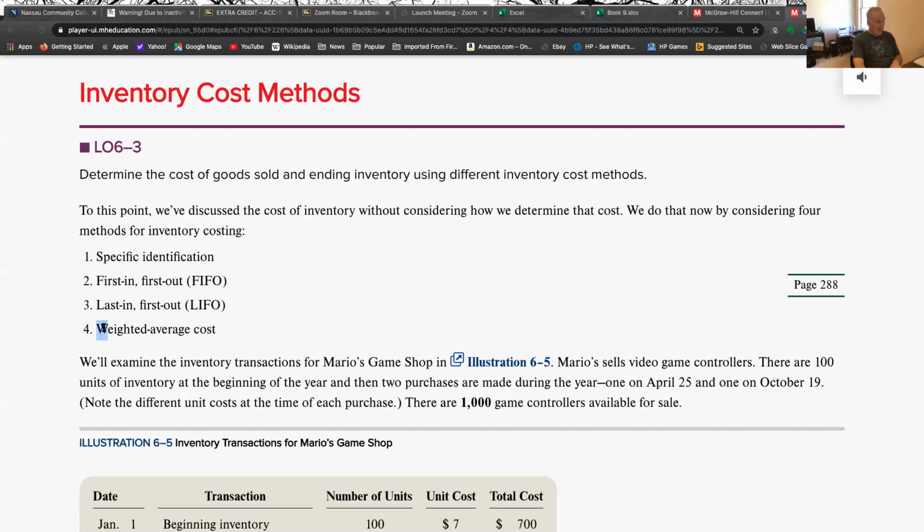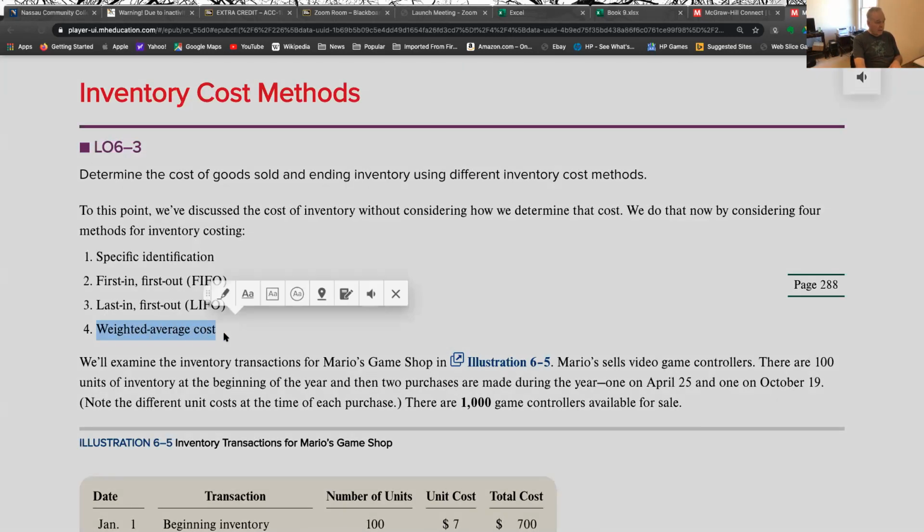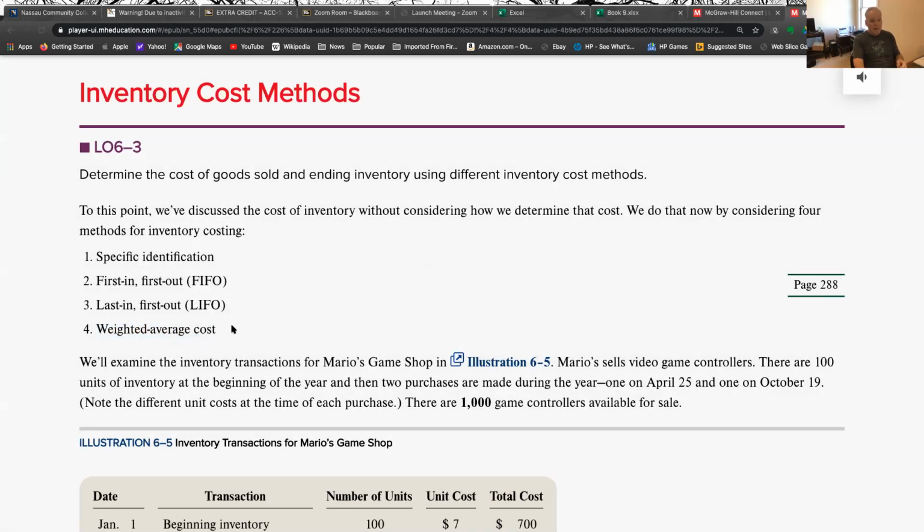Now, the average cost method, in my opinion, is the one that makes the most sense, but it's another method that's hardly ever used. So let's say I bought desks 5 times during the year, and each time I paid a slightly different price. So I paid $100 on one day, and then $110 the next time, and $120 the next time, and maybe $99 the next time.